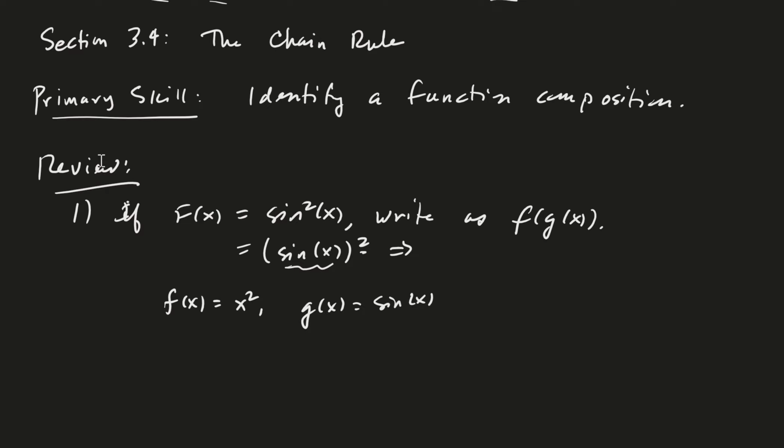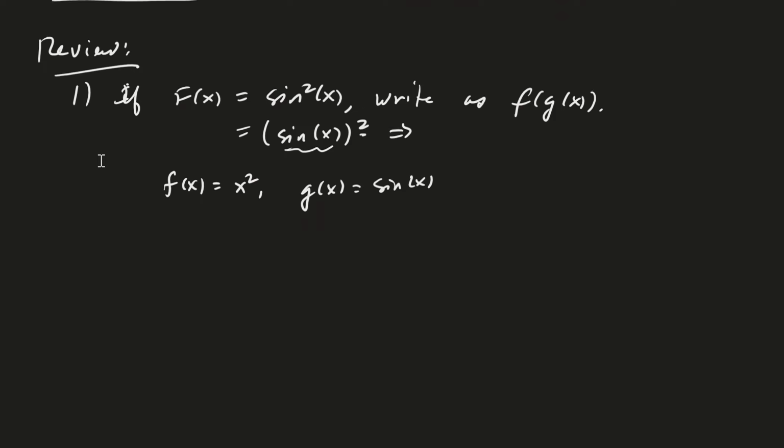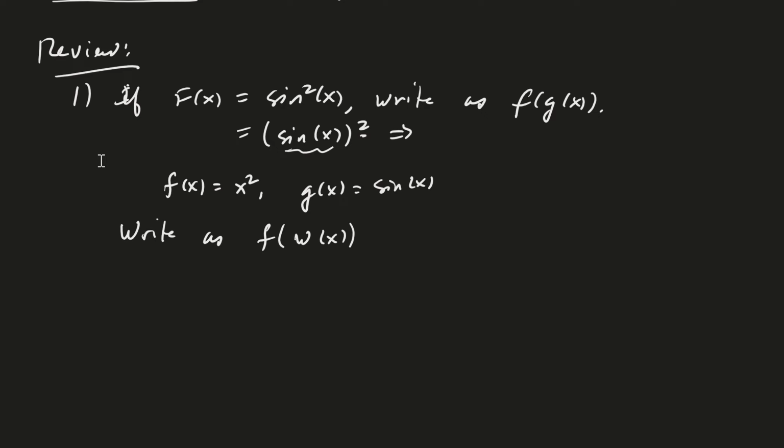Okay, now this might actually be confusing. There's another way to write this, and that is we could write it as f of w of x, where we're going to use a different symbol here.